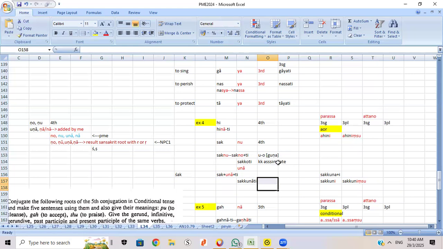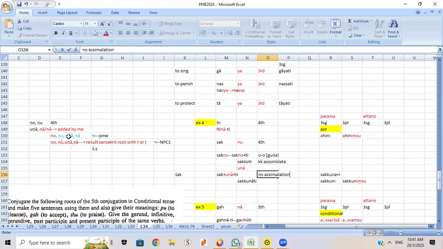So this is a little bit tough. So you have one form become Sakoti, third person. And then if you don't want to assimilate, you insert this one, no assimilation. So without assimilation, you have to add the U, you take the na here.